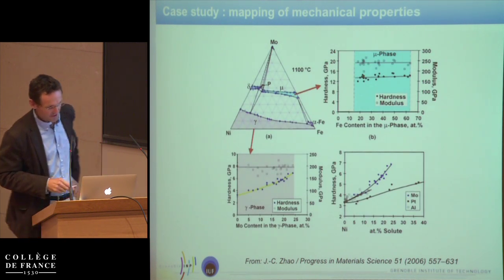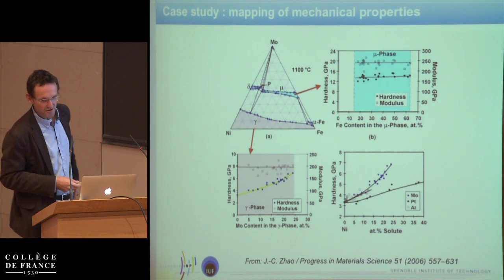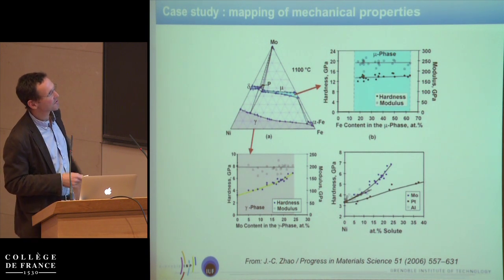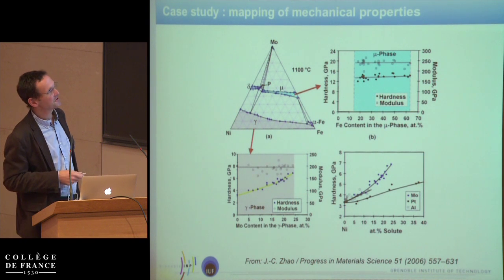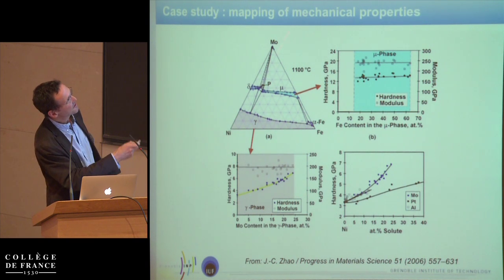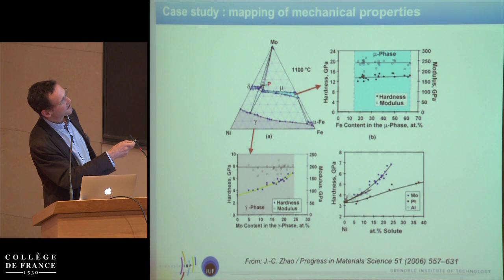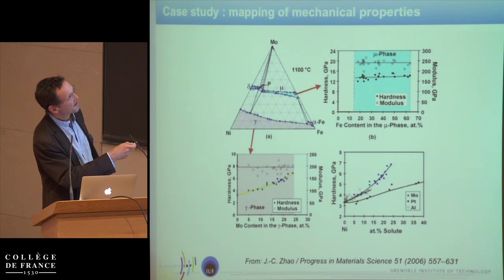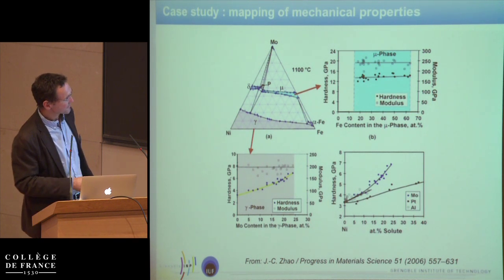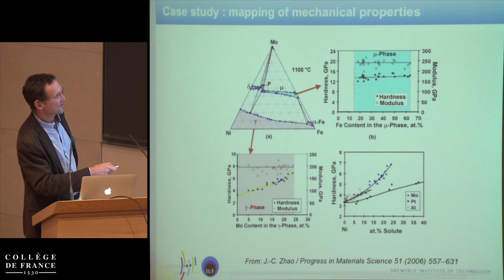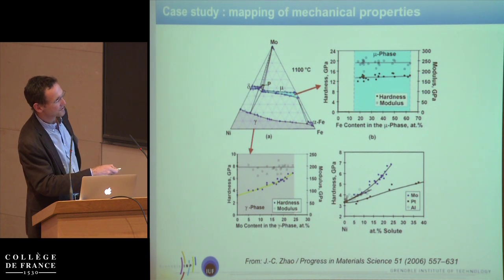Okay, a similar case also, using indentation, of course, it's quite easy to get a semi-continuous mapping of chemistry space. And then here in molybdenum, iron, nickel, in different phases, gamma, mu here, you can get the hardness as a function of the composition. And you can see that, and the modulus also.